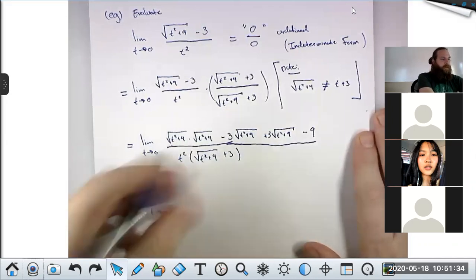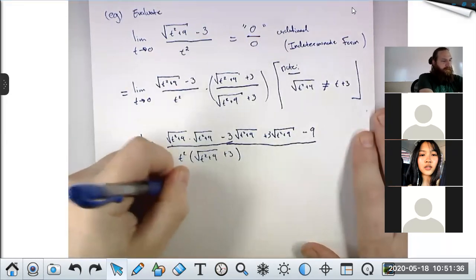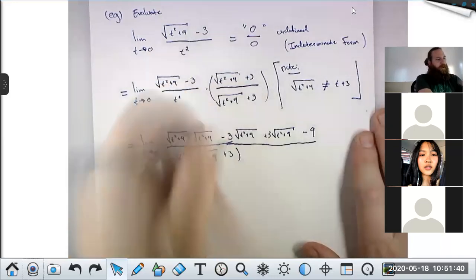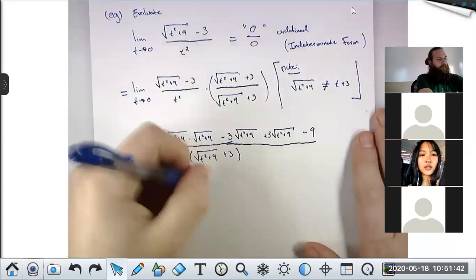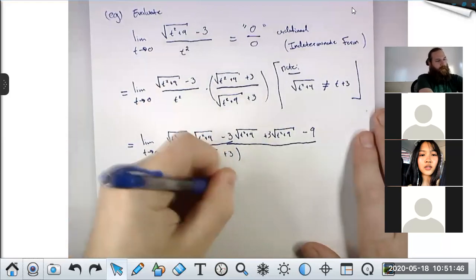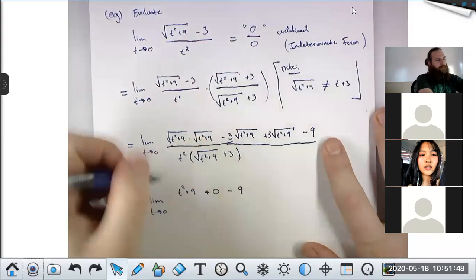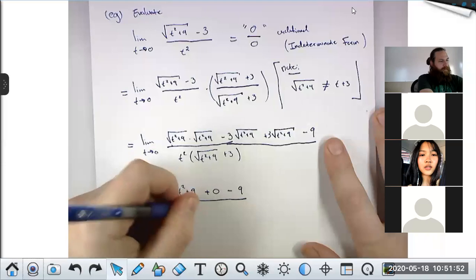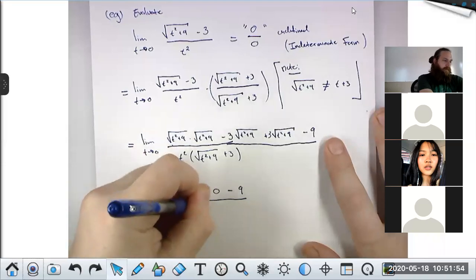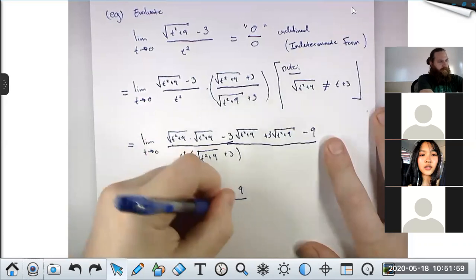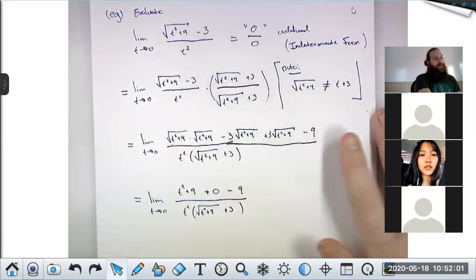This is just t squared plus 9. These two middle terms add up to 0. And then that very last term there is minus 9. So this is what I have. And the denominator hasn't changed.